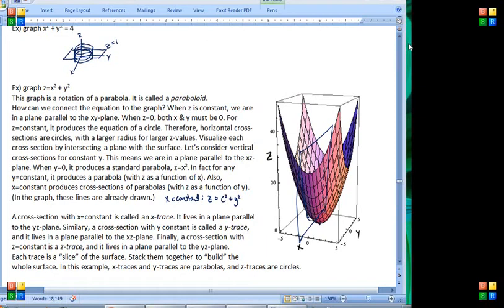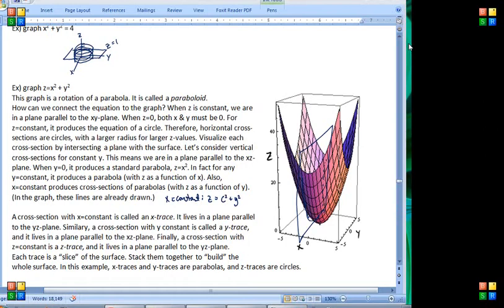So now a bit of terminology. The last thing we just talked about, where we said let x equal a constant and see what that graph looks like, that's called an x-trace. And it lives in a plane parallel to the yz plane. And that's what's actually graphed there right now. Similarly, a cross-section with y constant is called a y-trace, and it lives in a plane parallel to the xz plane.